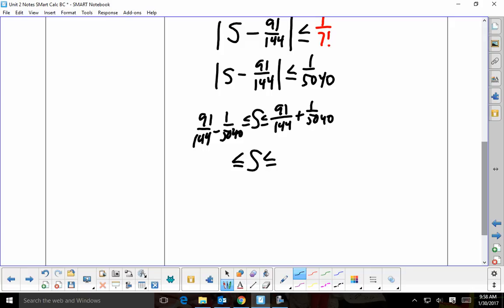Point 6, 3, 1746 and point 6, 3, 2143. Alright, well we had 2 decimal accuracy with just 6 terms. So I can at least say that it's approximately 0.63. That's really cool.